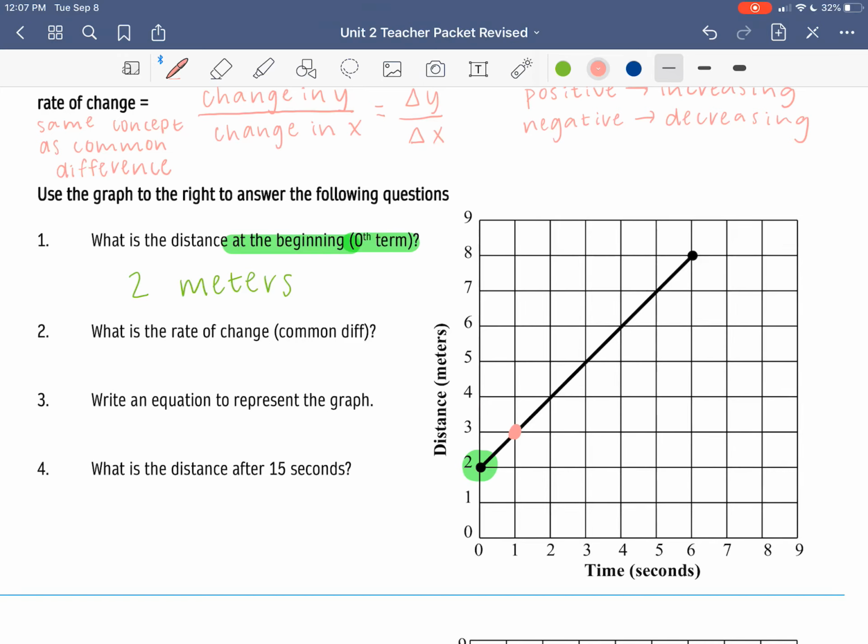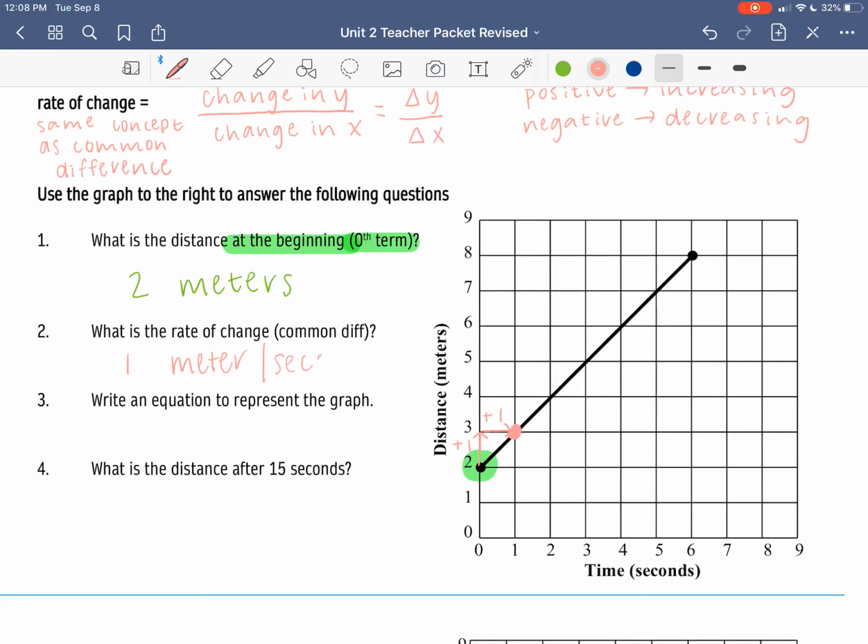To get to the next point, I go up 1, positive direction, and then I go over 1. So for every increase in 1 second, my meters increase by 1 as well. So my rate of change, or the common difference, is 1 meter per second.